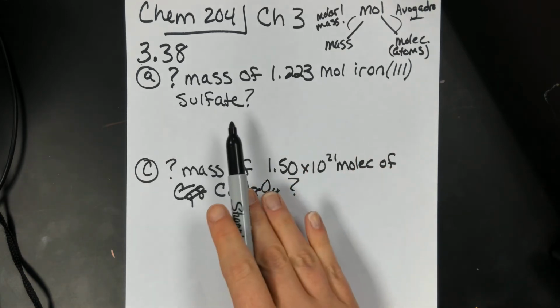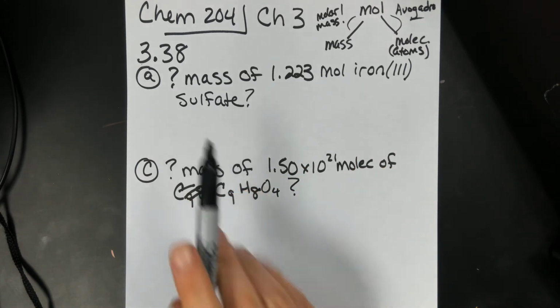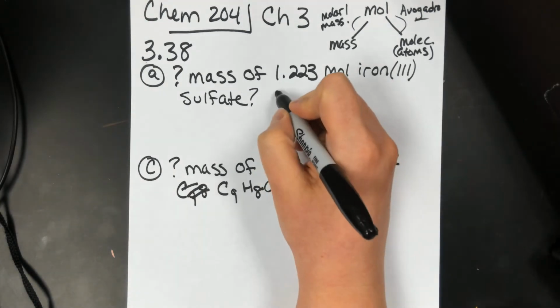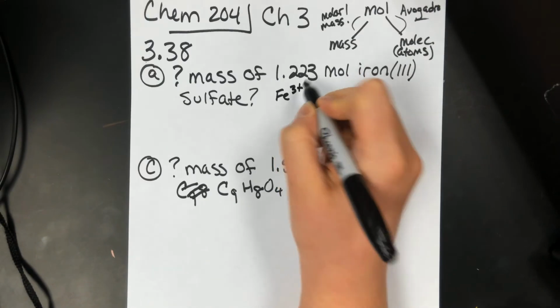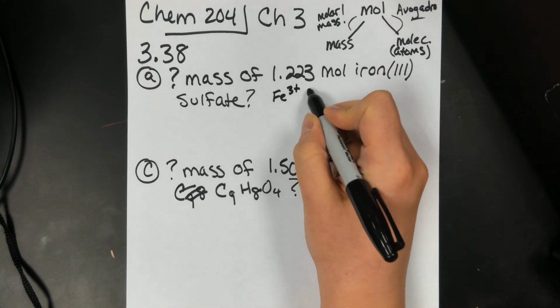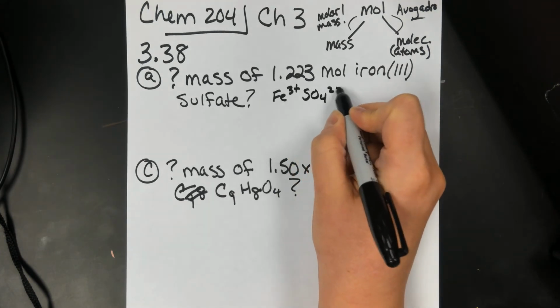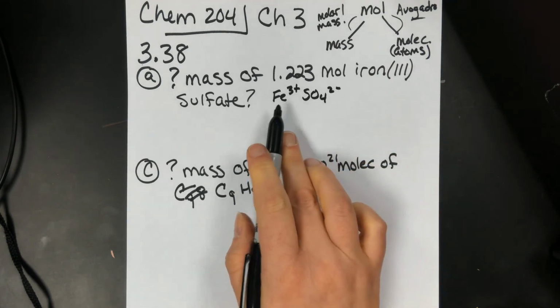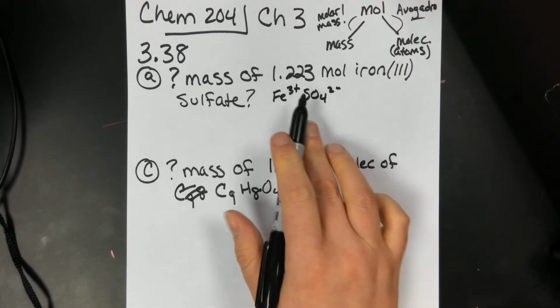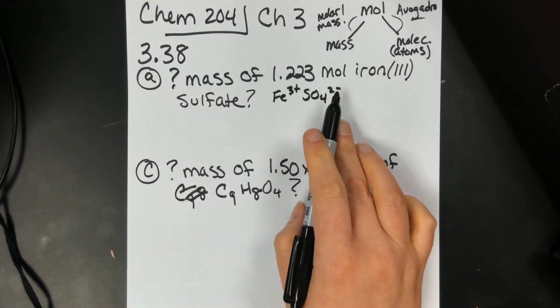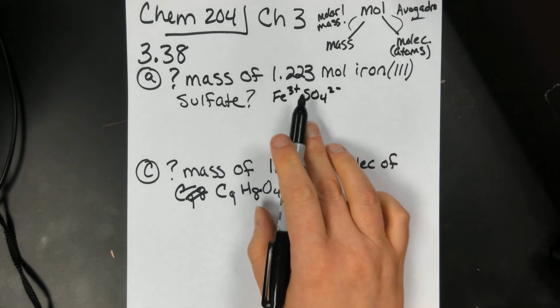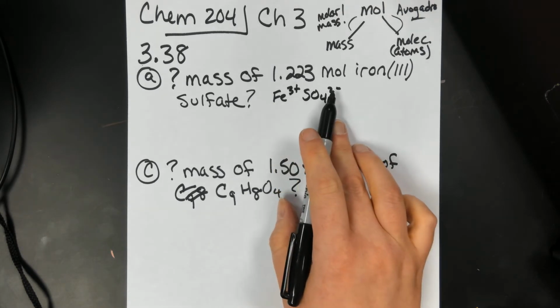So I'm going to real quick help you guys. Let's make the formula for that. If it's iron 3, that means it's Fe3+, and sulfate, we remember, is SO4 2-. So I have to combine these two. Is it just FeSO4? No, because Fe is 3+ and SO4 is 2-. So what's the smallest number a 3 and a 2 have in common?